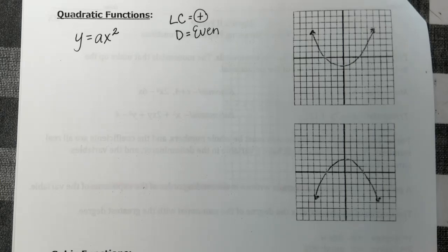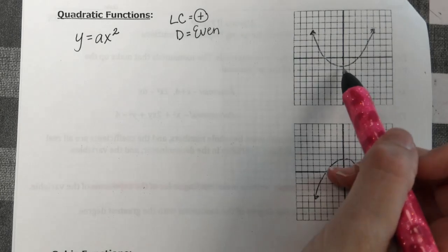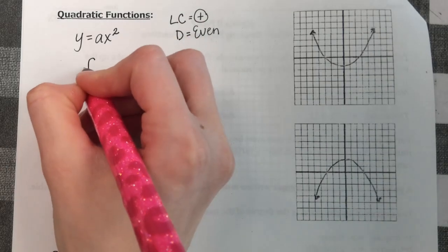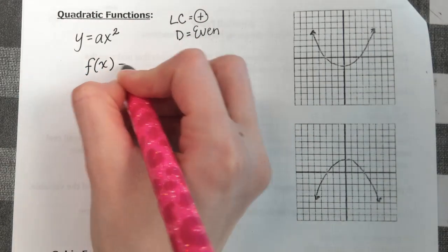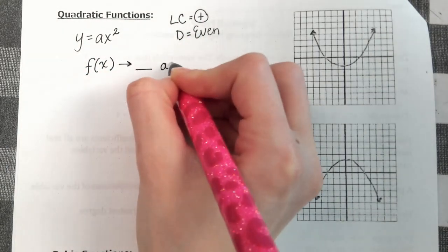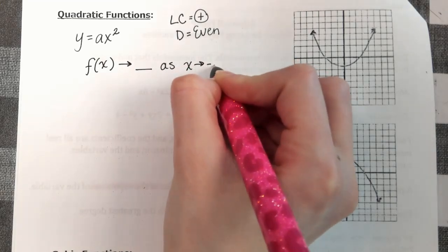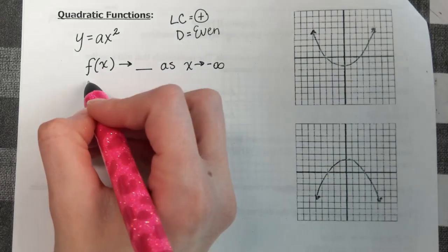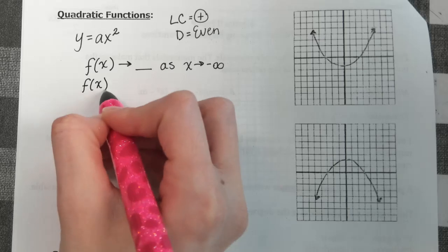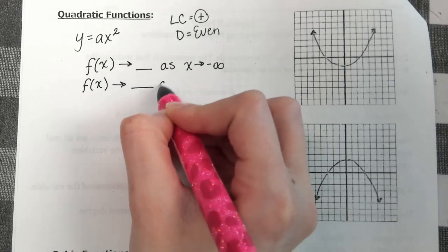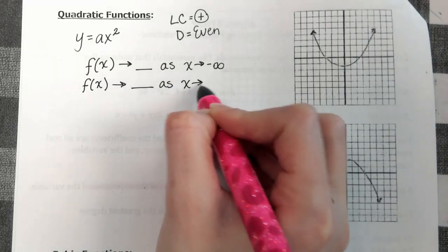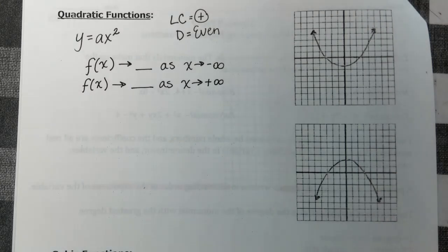Okay, so for quadratic, this example, if I copy down my end behavior template, f of x approaches blank as x approaches negative infinity, and f of x approaches blank as x approaches positive infinity.